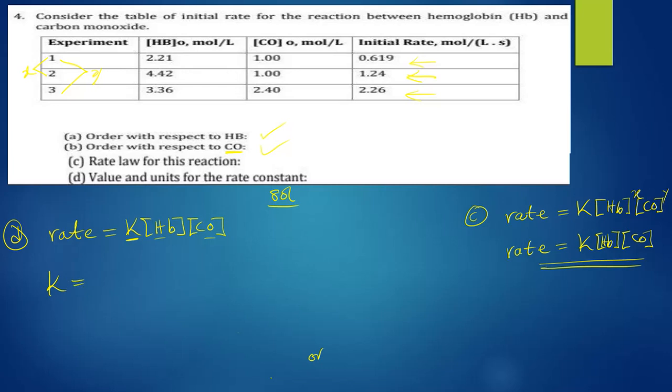So when you make the rate constant k the subject of the formula, your expression is going to look like this. You're going to have the concentration for hemoglobin down here, and then carbon monoxide down there, and then you just have to substitute. For the data, you can use the information for experiment 1 if you want, or for experiment 2.